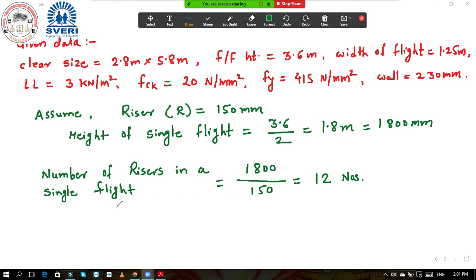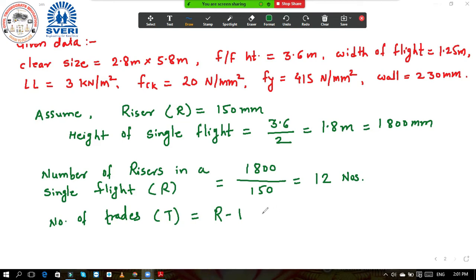Okay, now we will calculate the number of treads. So how many treads will be there? To calculate the number of treads, the formula is R minus 1, riser minus 1, because the last tread is merged into the landing.